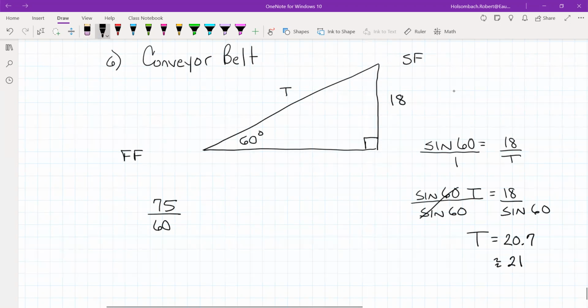We're going to set this ratio as feet to seconds. 75 feet in 60 seconds. We're going to make it equal to 21 feet in s seconds.